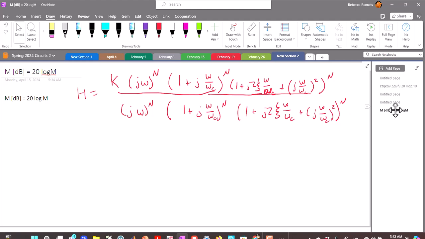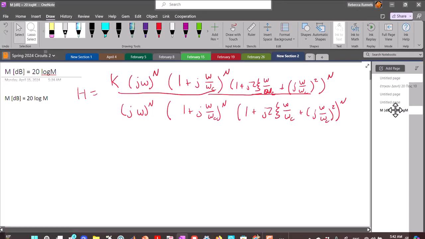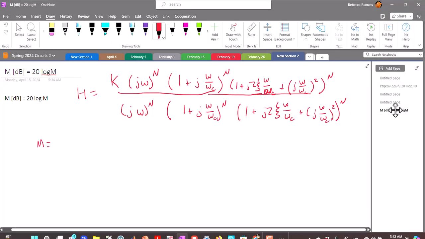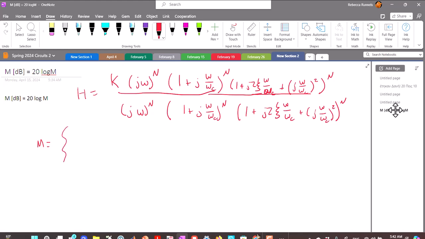So when you're trying to find the magnitude, then for the constant term, you're going to add all of these up. So the sum of all of these. So you would have 20 times the log of the magnitude of the constant.